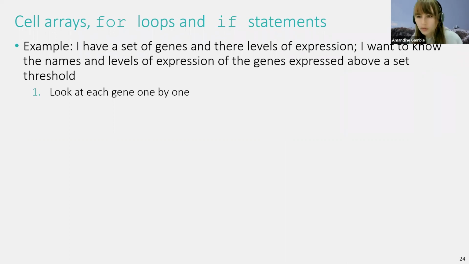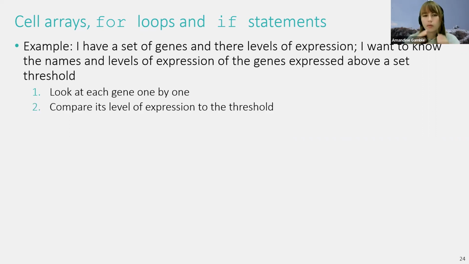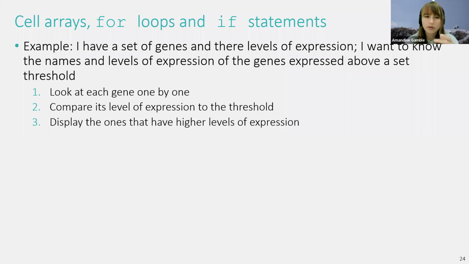So what we're going to do is look at each gene one by one. Usually when you think one by one or one after the other, it means you're going to have to use a for loop. Then we're going to compare its level of expression to a threshold. Here we're comparing something, which means we're going to have to use an if statement to see whether the value is above or below the threshold.